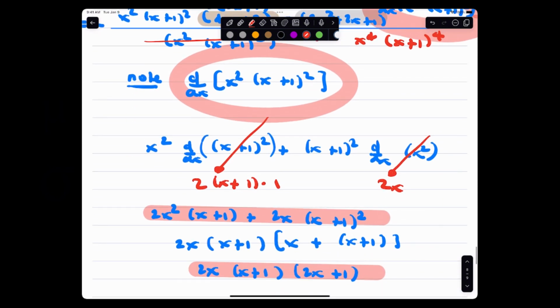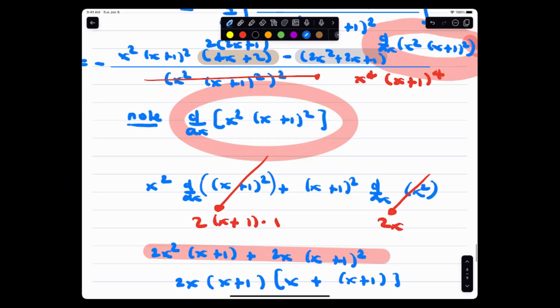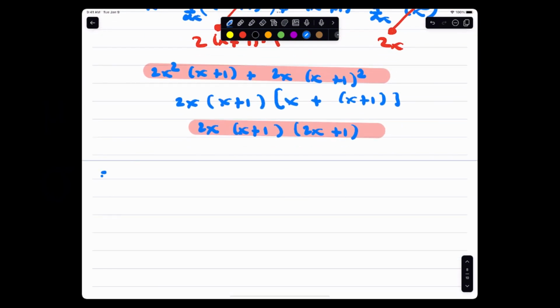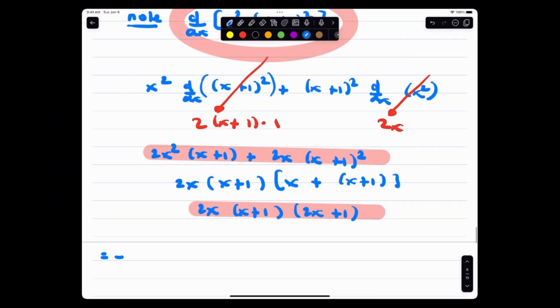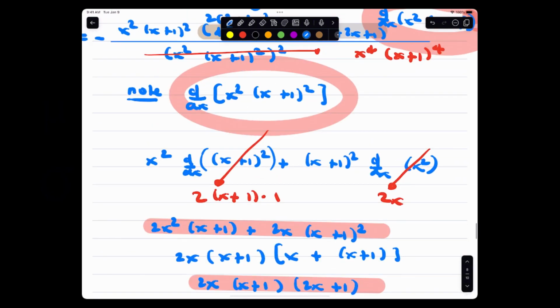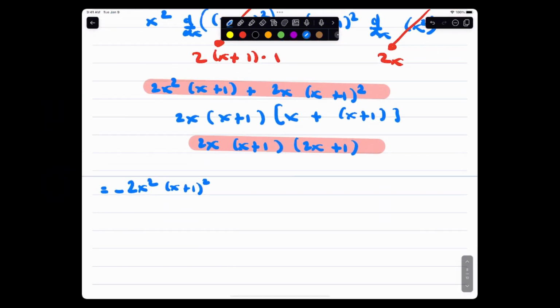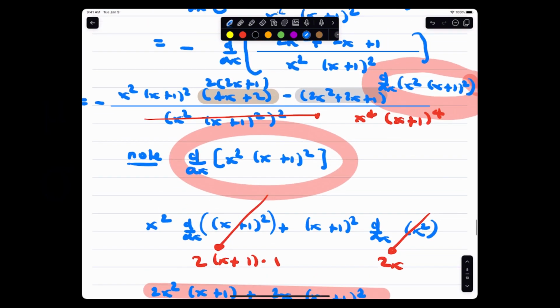Okay, let me see if I can write everything down here. So we have a negative. I'm going to do it a little smaller. x squared, (x plus 1) squared, (2x plus 1). So there's a 2 there, 2x plus 1 here.